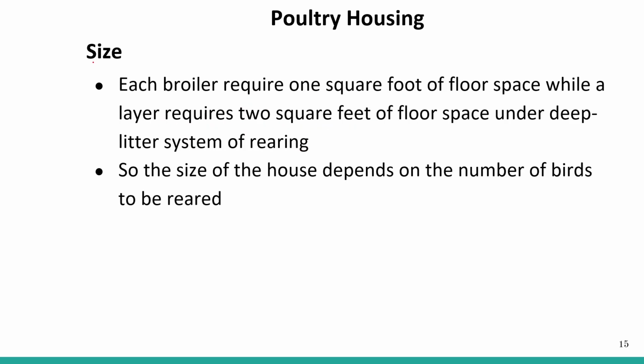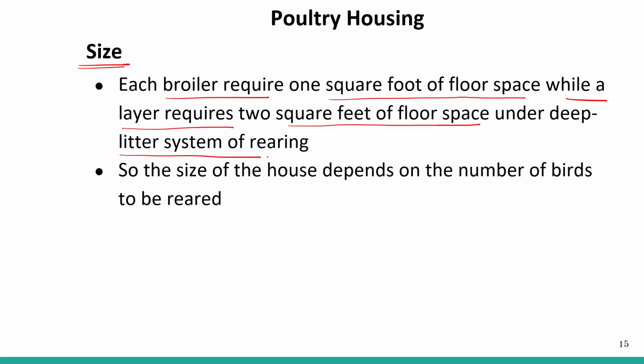Now the size: what is the size of the poultry farm? Each broiler requires 1 square foot of floor space, while a layer requires 2 square feet of floor space under the deep litter system of rearing.